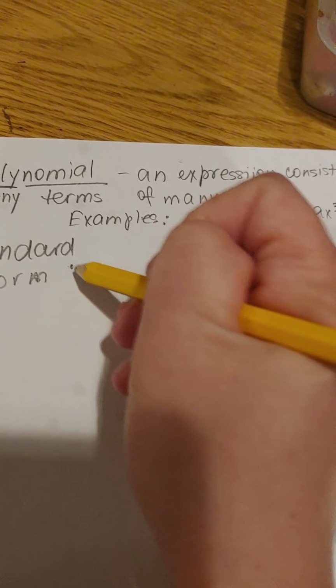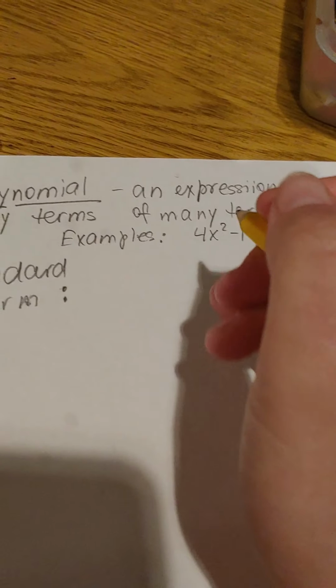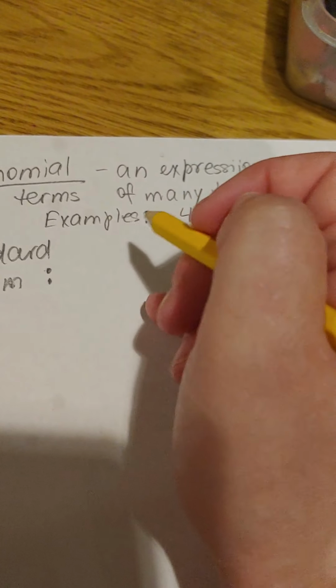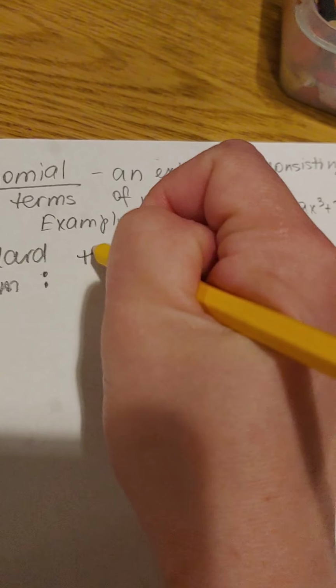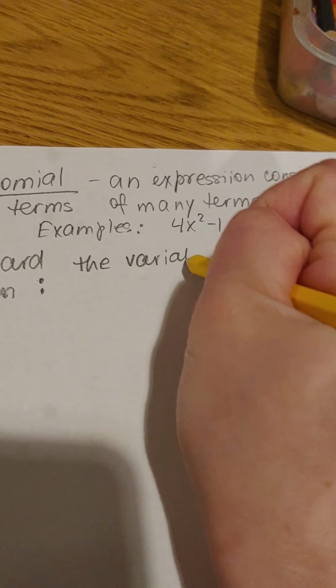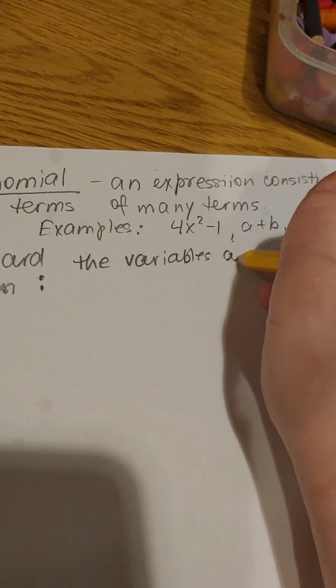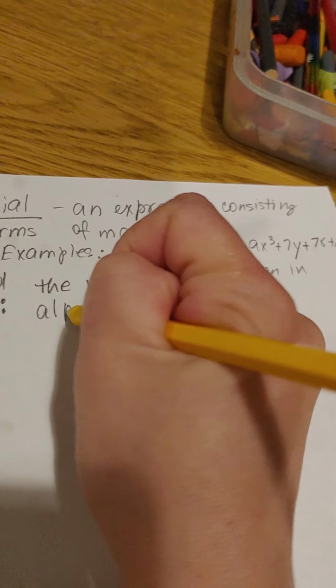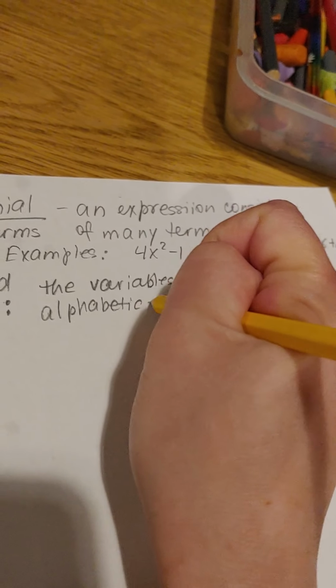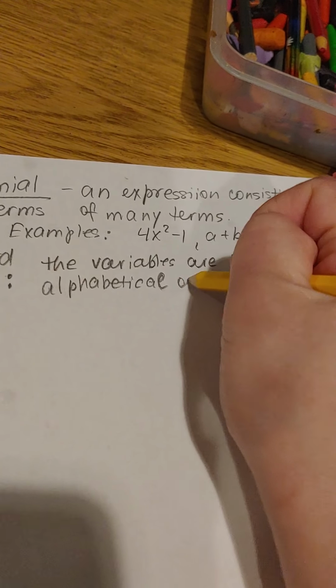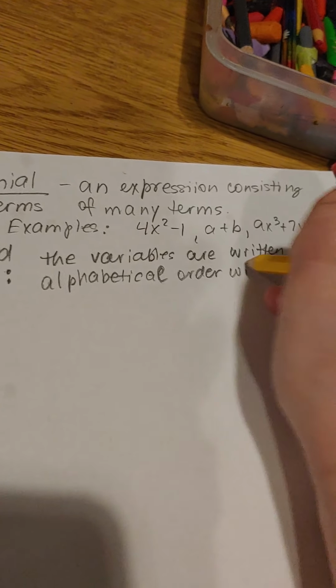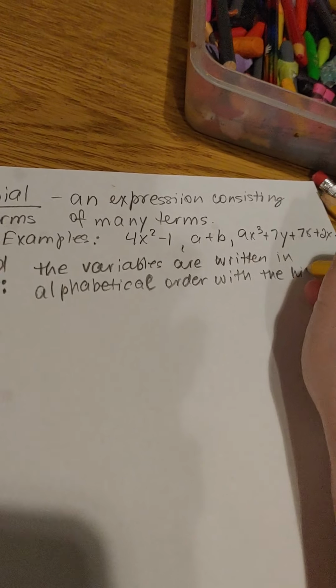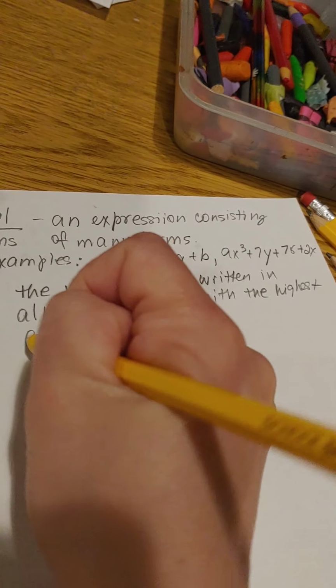Okay, now I'm going to let you know what standard form is. Standard form of a polynomial is a form when the variables are written in alphabetical order with the highest exponent first.